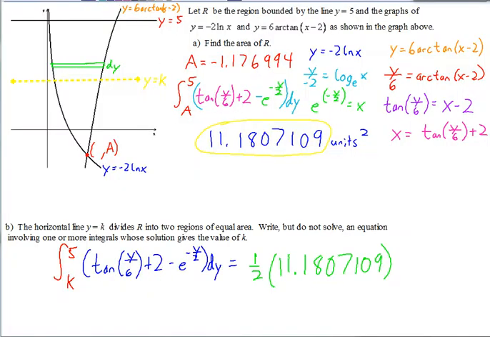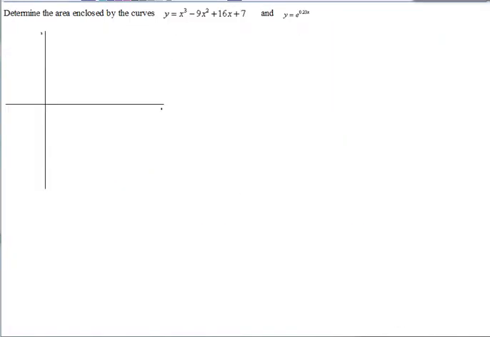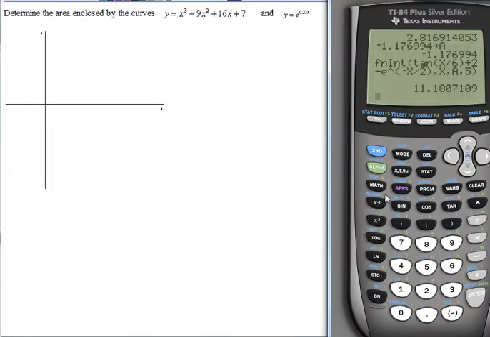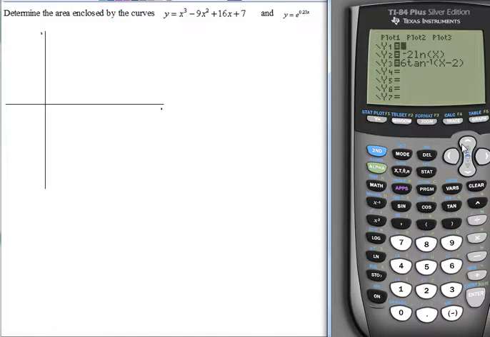Alright, let's take a look at one more example. This one says determine the area enclosed by the curves y equals x cubed minus 9x squared plus 16x plus 7 and y equals e to the 0.23x. So let's go ahead and enter these in our calculator.